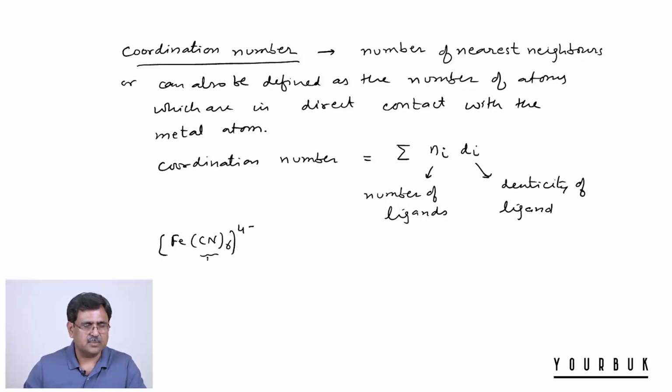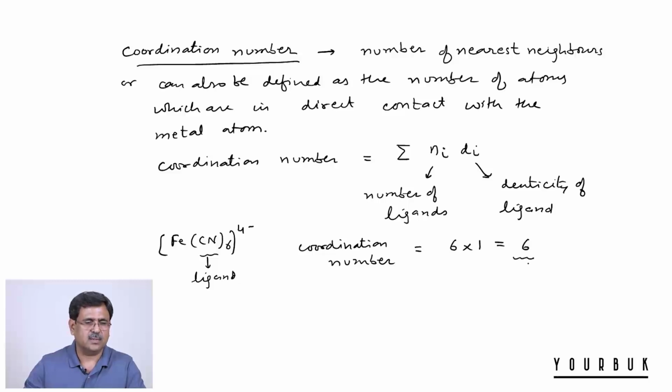So in this case, the CN is present as a ligand, and there are 6 CN groups present in this, and each CN has a denticity of 1. So in this case, the coordination number is equal to 6 cyanido present, each with a denticity of 1, equals to 6. So the coordination number of iron in this complex ion is 6.